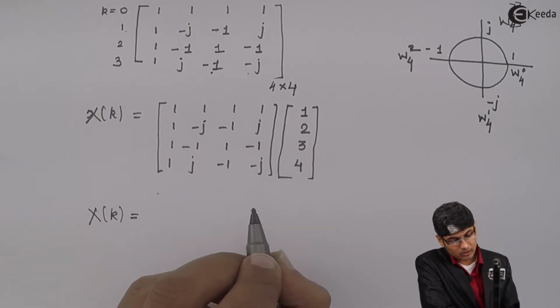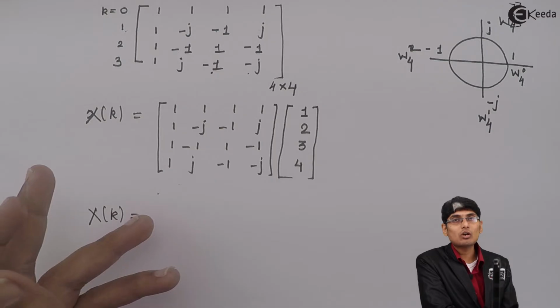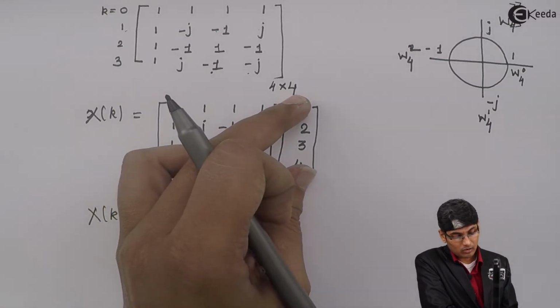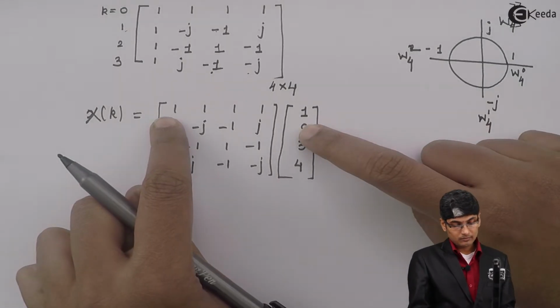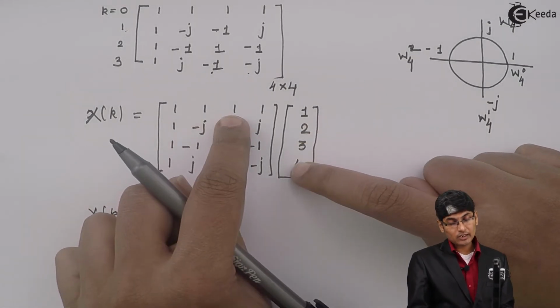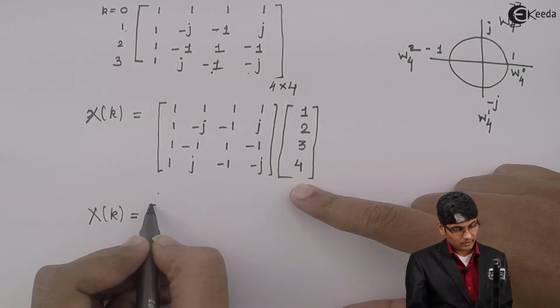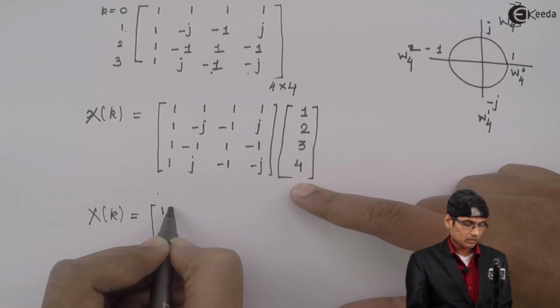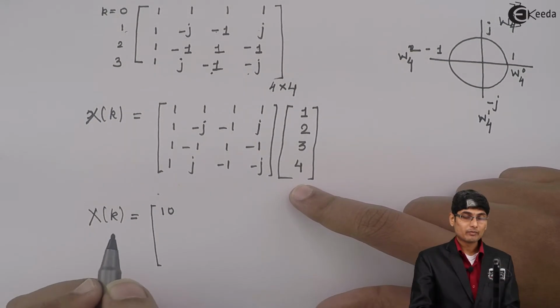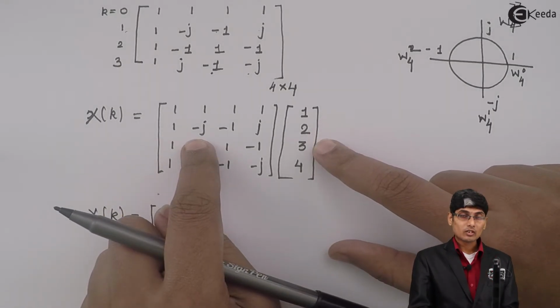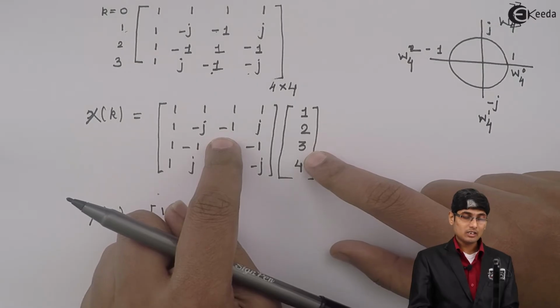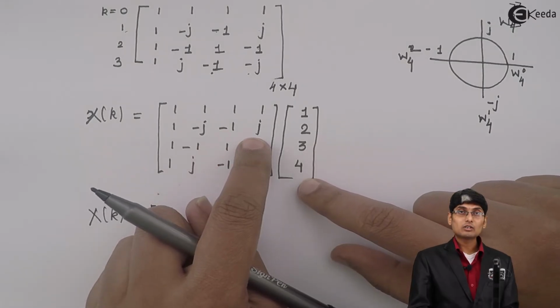X of k will be equal to, now it is just a row to column multiplication. So, this is a column matrix, I will multiply by the given row. So, 1 plus 2 plus 3 plus 4, that is the first element is addition of all, which is 10. Okay. Second, 1 minus 2j minus 3 plus 4j.